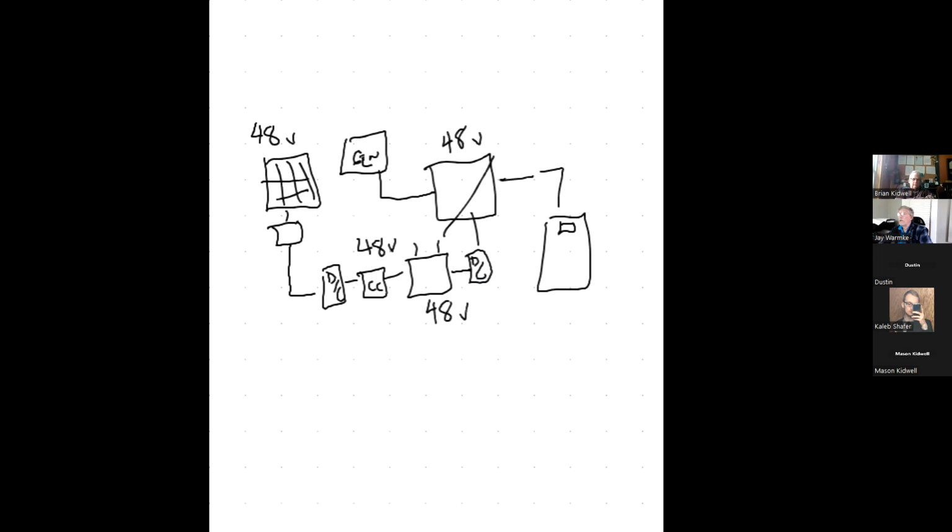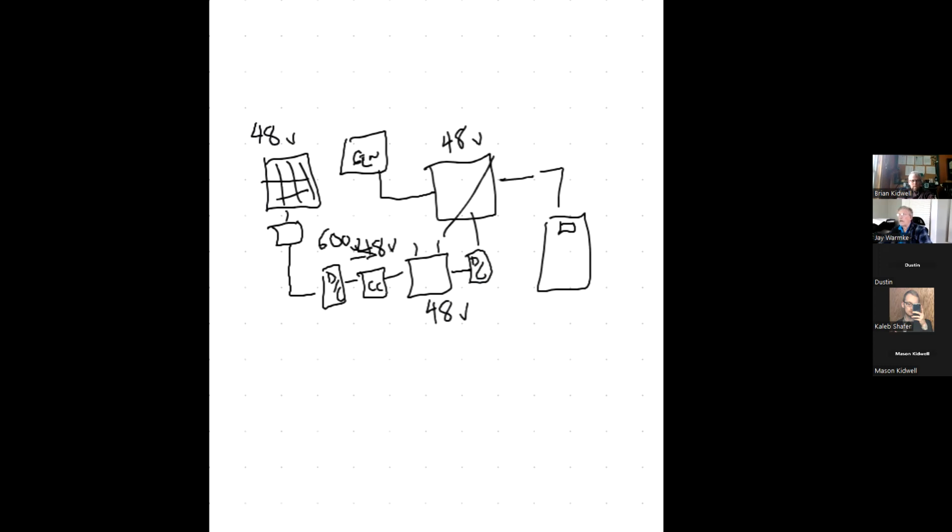But not too long ago, just a few years ago, maybe a half dozen years ago or so, somebody got the bright idea that we could incorporate a voltage to voltage converter within the charge controller. And their first step is they said, I can come in at 150 volts and I can leave at 48. Then very quickly, they increased that to 250 volts. And today, most of them are going to be, say, 600 volts. So I can come in from the array at 600 and then leave at 48.